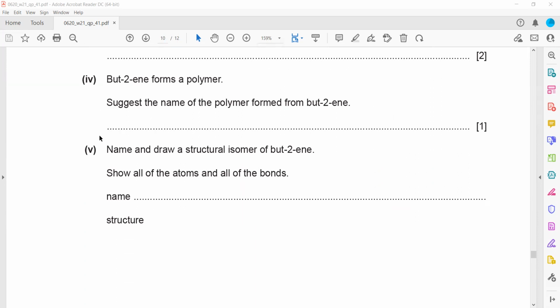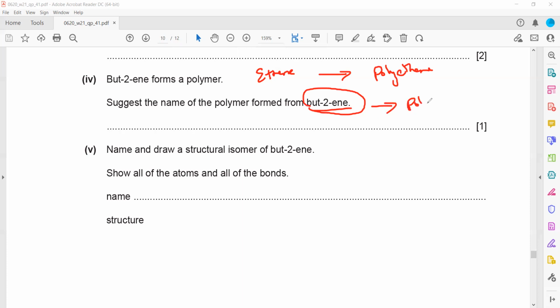Then butene forms a polymer. Suggest a name of a polymer from butene. Remember, whenever alkene forms a polymer, the polymer is named after the monomer. If I had ethene, the polymer it will form is polyethene. So if I have butene, what polymer will it form when it combines?